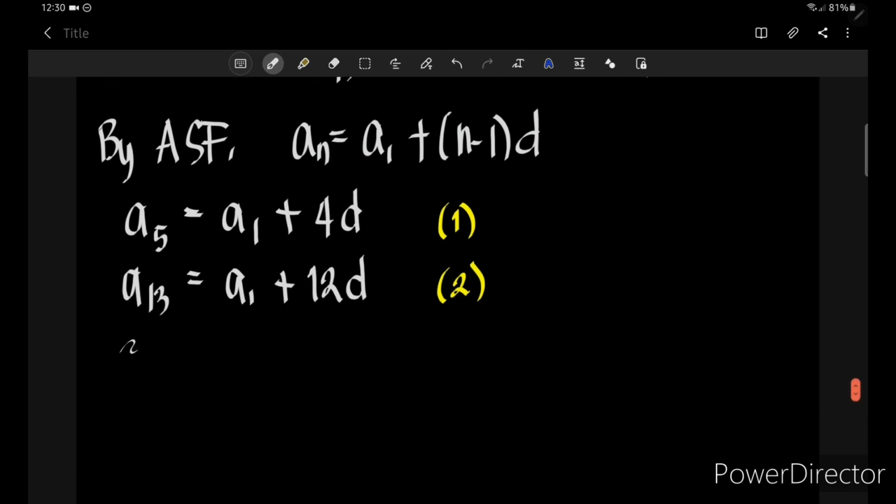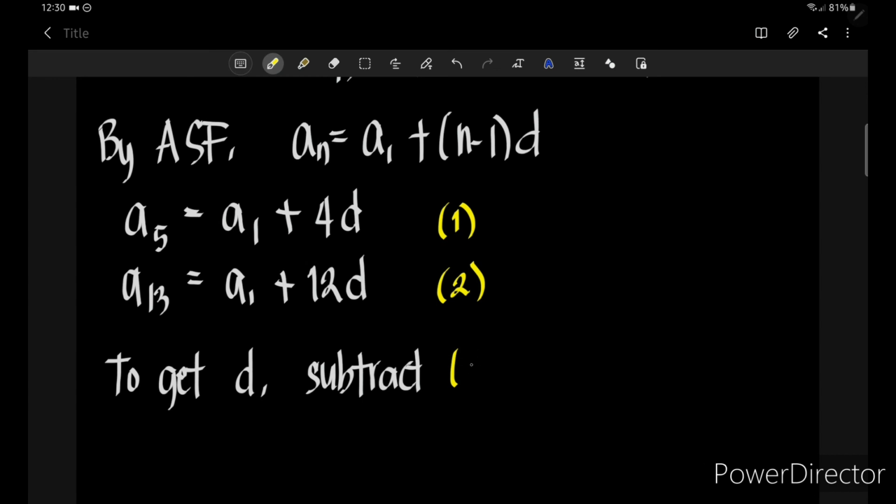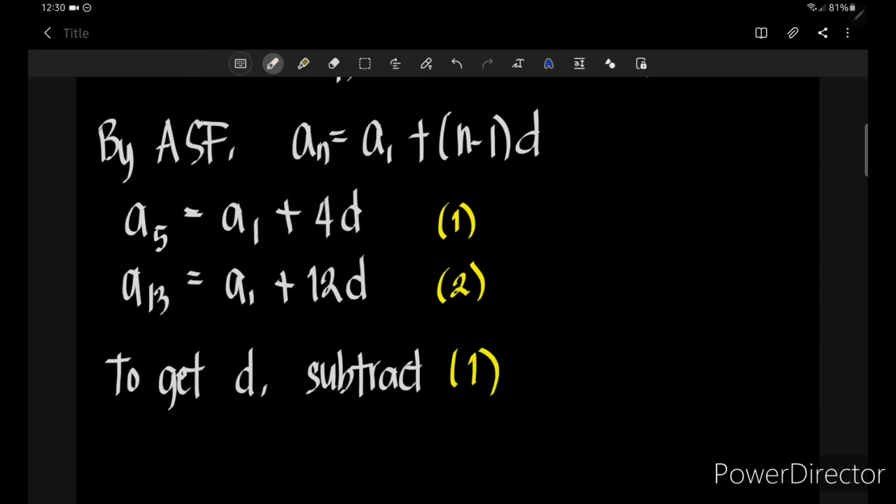So, to get d, let's say, subtract equation 1 from equation 2.